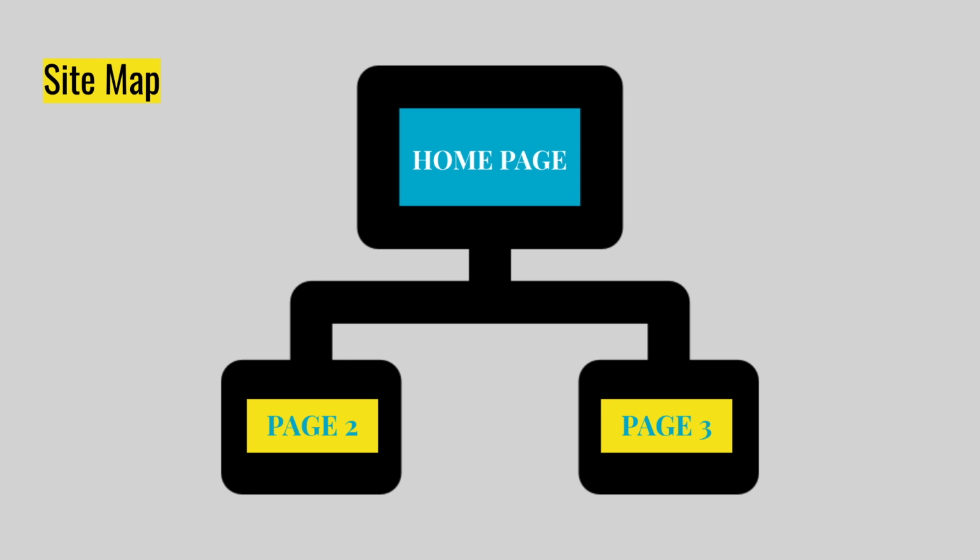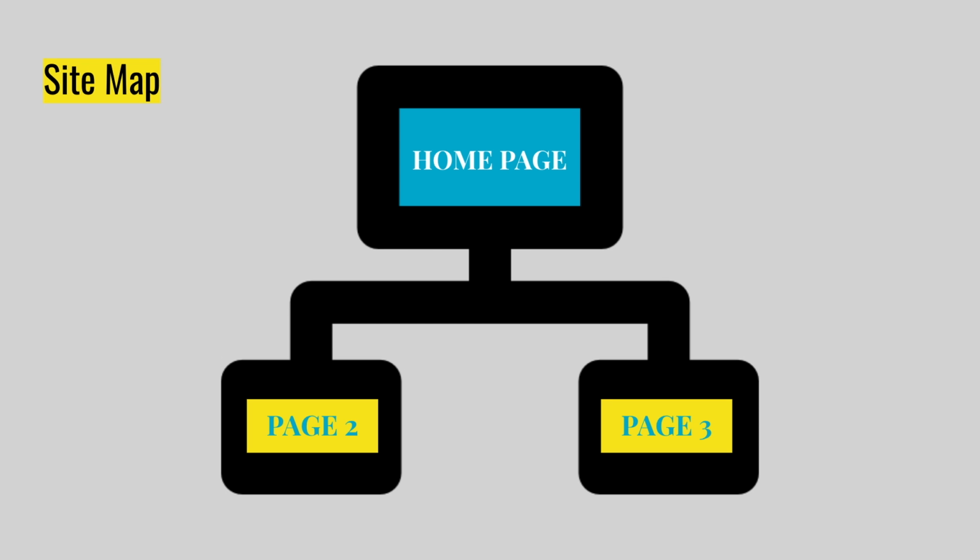So the very first thing that we're going to discuss is a sitemap. What a sitemap does is it basically guides the visitor to your website, how they're going to navigate your site. We're going to have a very simple sitemap.